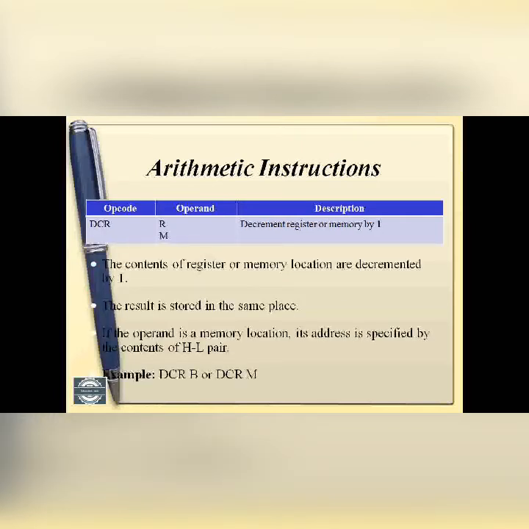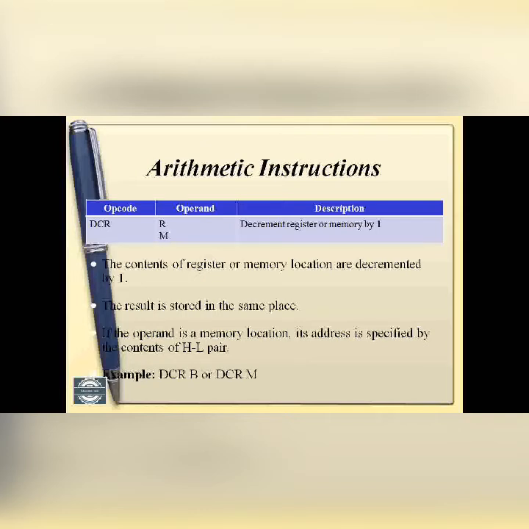DCR, here see this, decrement register or memory by 1. That means the content of the register or memory location will be decremented by 1. So this is DCR, just the opposite of INR.